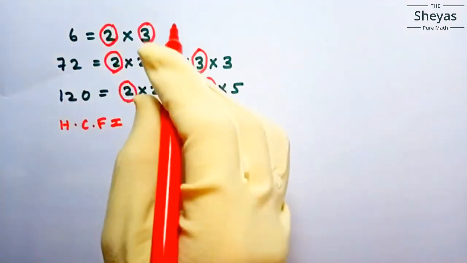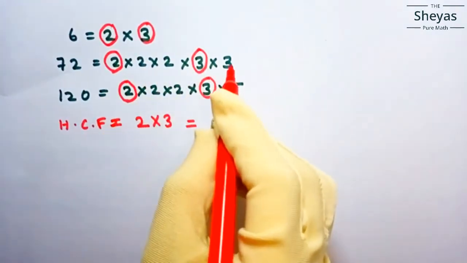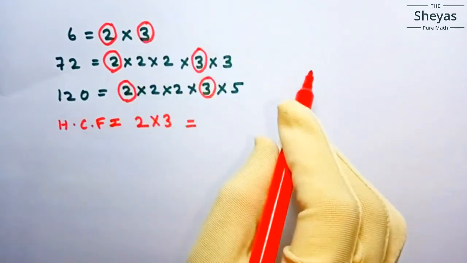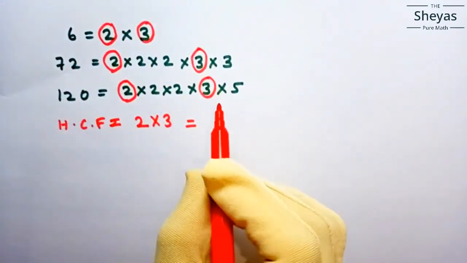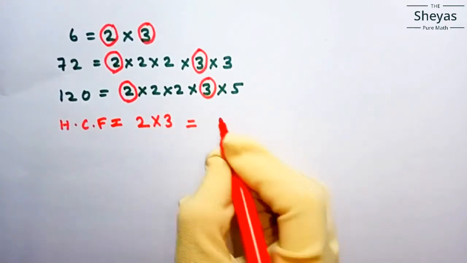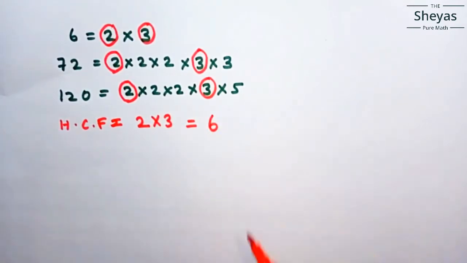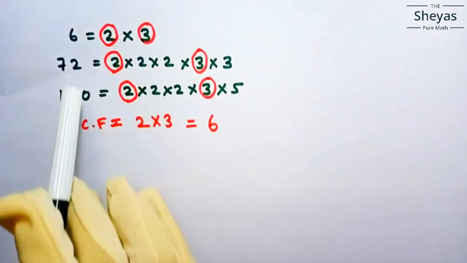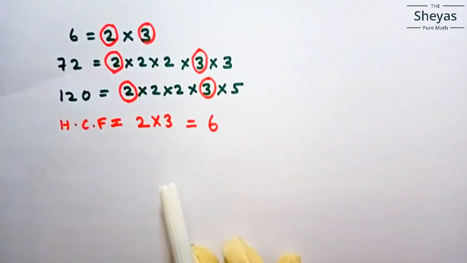All others are not common because you have 3 here, you don't have another 3 here, and you have 5 here and you don't have 5 here. So only 2 and 3 are the common factors. So highest common factor is 2 into 3, that is 6. Now you have found the HCF of these 3 numbers and the answer is 6.